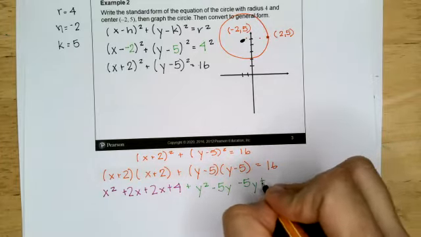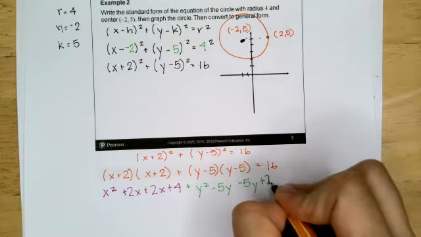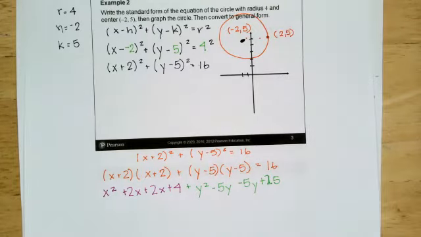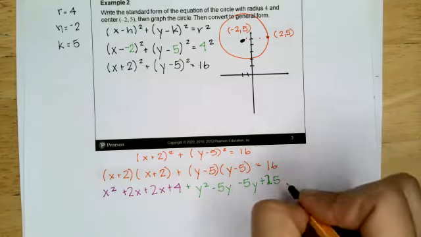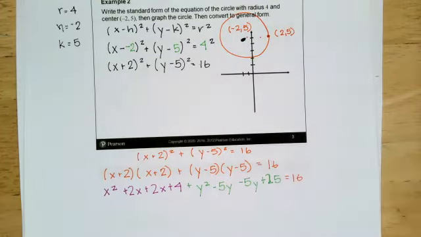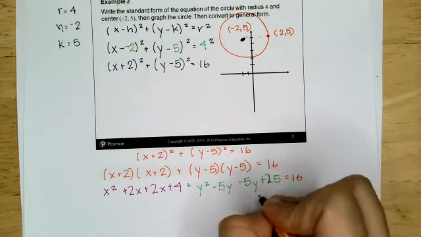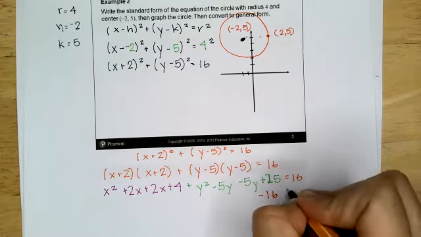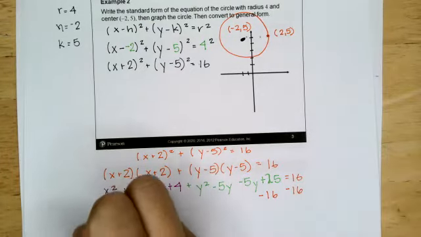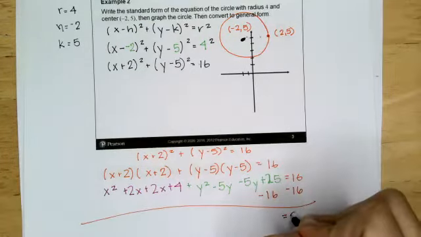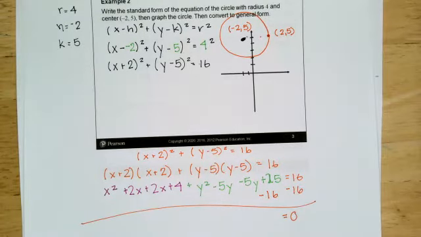And then -5 times a -5 is a +25 equals 16. So now you can move that 16 over because general form will end with 0. So I'll subtract 16, subtract 16. Now it is set equal to 0 and I need to simplify.